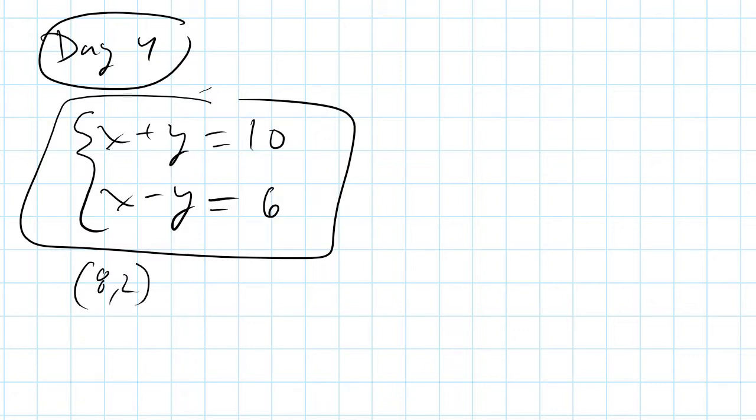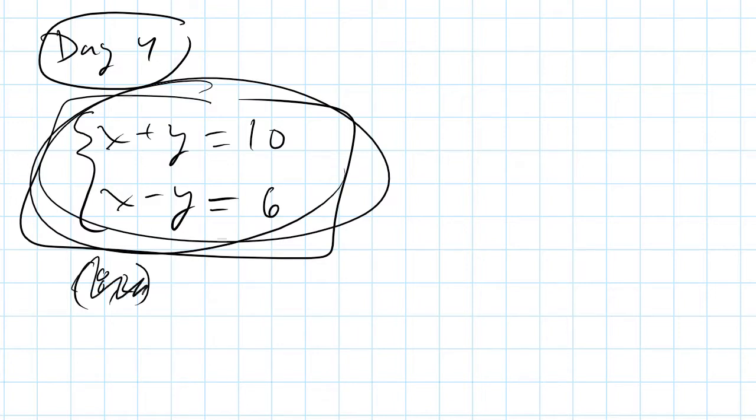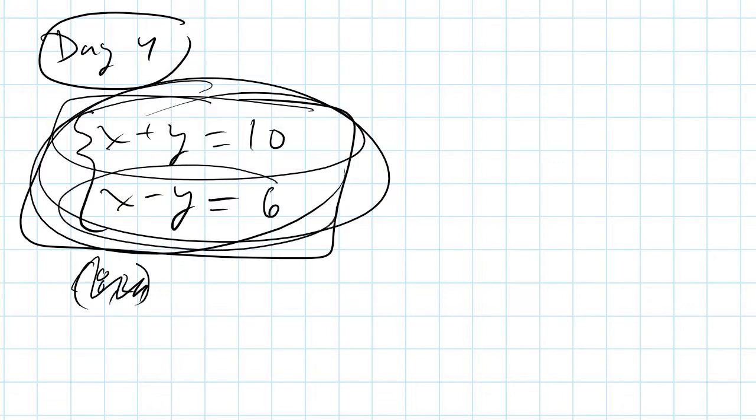This is a good question to give students the feel for how there's infinite answers to this question. 9 plus 1 is 10, 8 plus 2 is 10, 7 plus 3 is 10, and so on. And there's infinite answers to this question. 7 minus 1, 8 minus 2, 9 minus 3. But there's only one pair that simultaneously makes them both true.